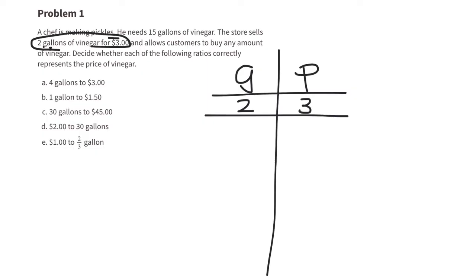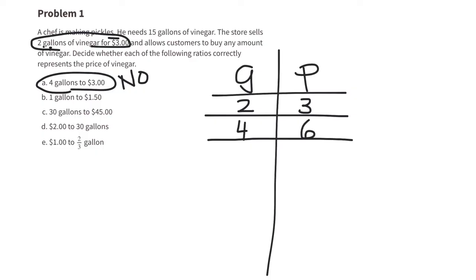So then, is this correct? No, this is not correct, because 4 gallons would really equal $6. So that's no good. How about 1 gallon? What would 1 gallon be? Well, we know that divide by 2, or times by a half, gives us 1.